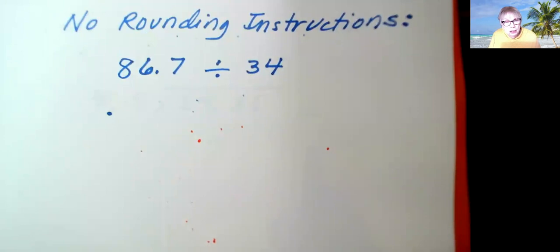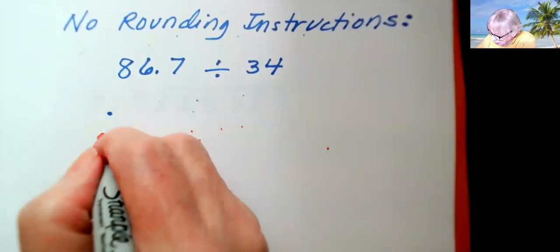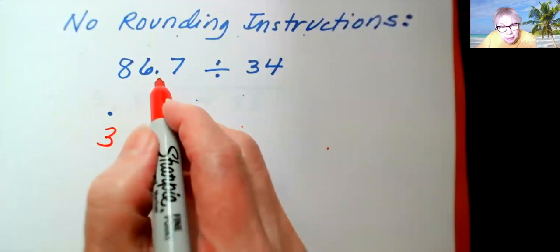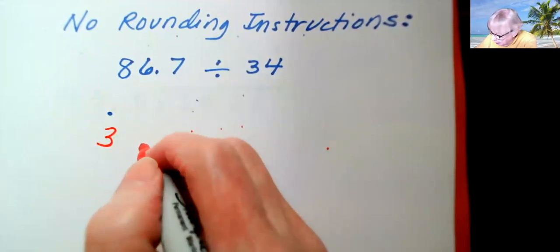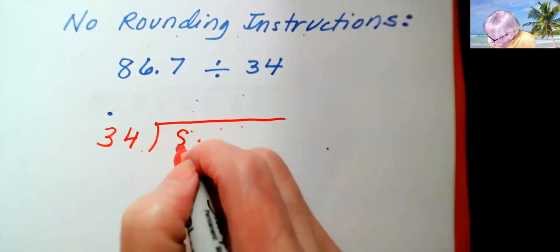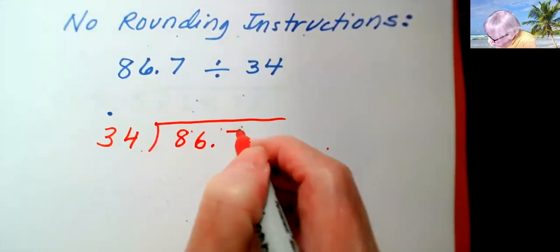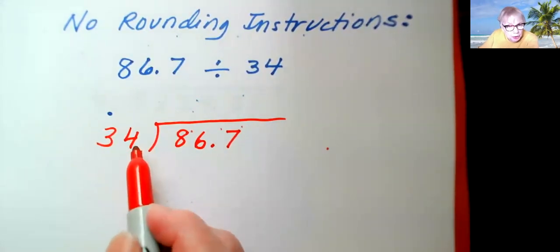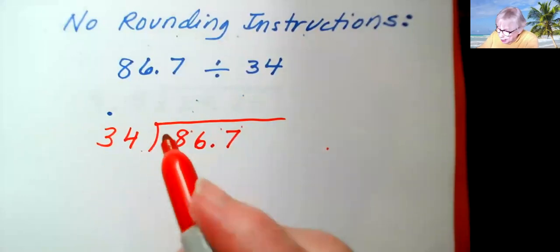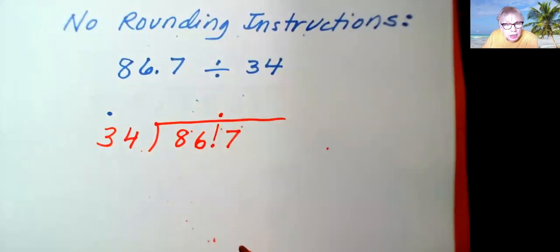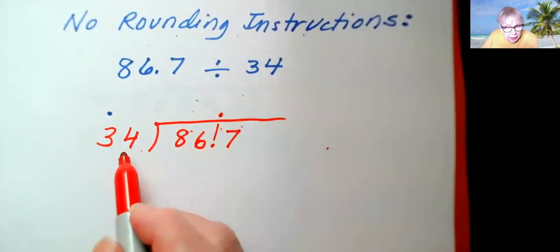It's 86 and 7/10 divided by 34. So 34 is outside and 86.7 is inside. Again, this is a problem where there's a whole number as the divisor, so we just bring the decimal point straight up and start dividing.